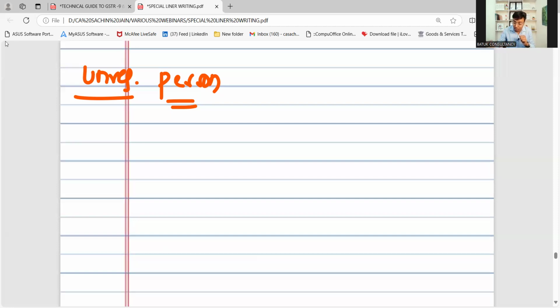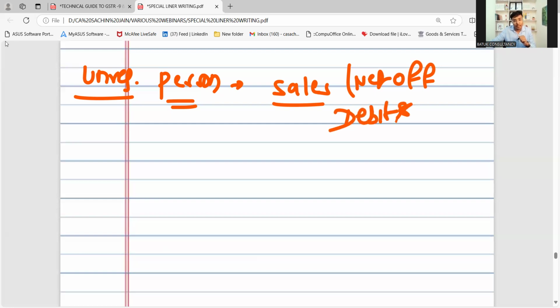That means you have to show the unregistered person sales net of credit note, net of debit and credit note for the unregistered person only. As we all know, when we file our GSTR1 return, at that time also we show the unregistered person's sales net of credit or debit note. The same concept will be applicable in case of your GSTR9.